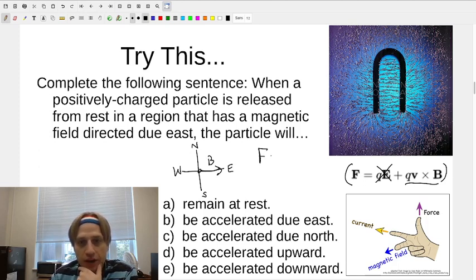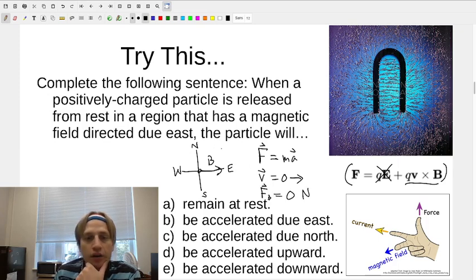Well, this is sort of an F equals ma problem, and the force here is going to be this QV cross B. But if our V is 0, that means that our force from the magnetic field is also 0. So if I put a 0 in there, no force.